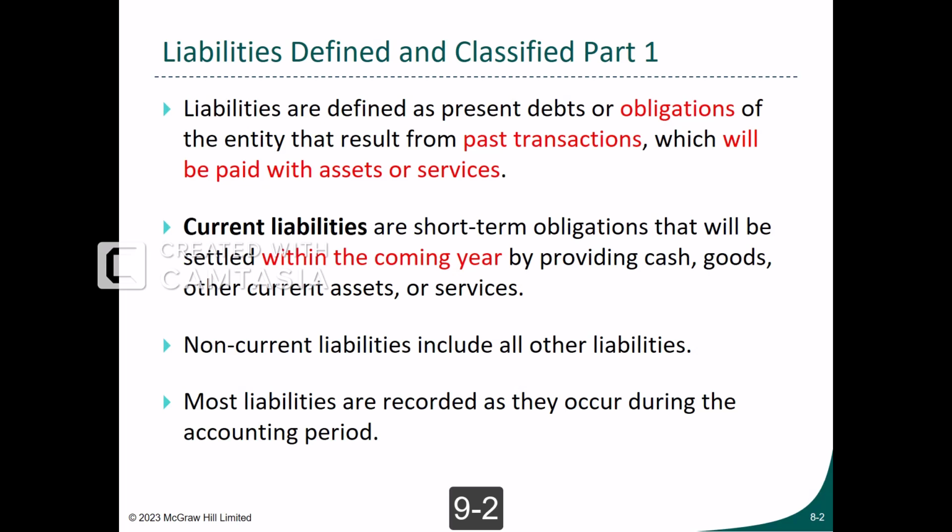Current versus non-current is IFRS terminology. Short-term versus long-term is ASPE, the accounting standard for private entities, terminology. It is just a semantic difference, but the meaning is the same.